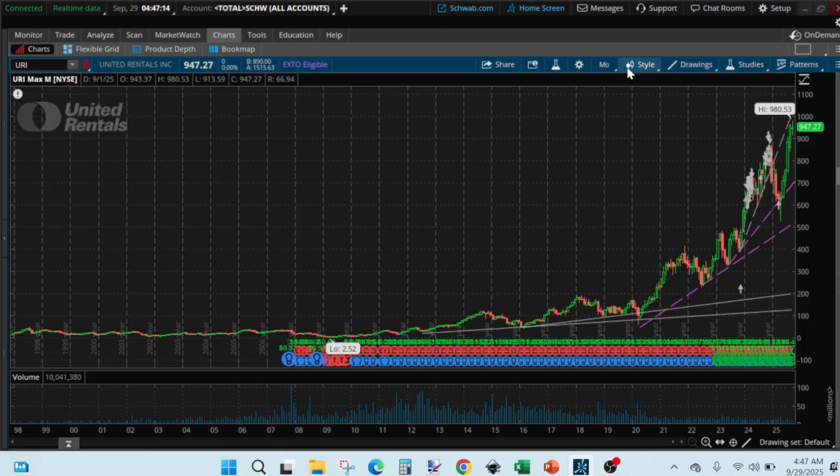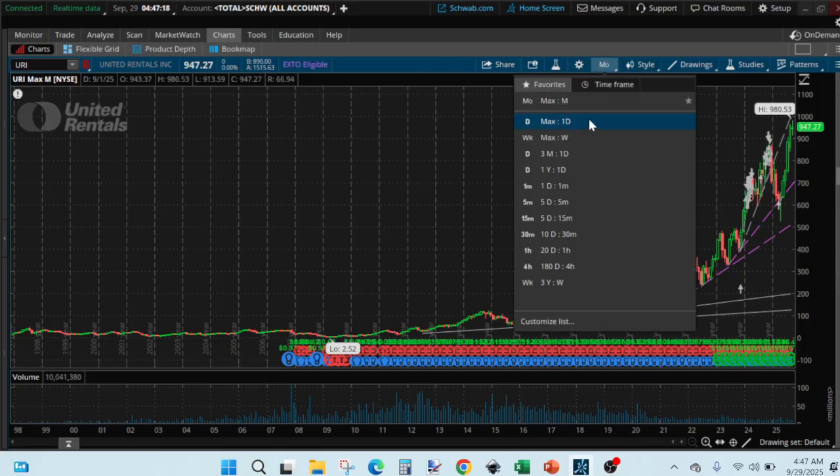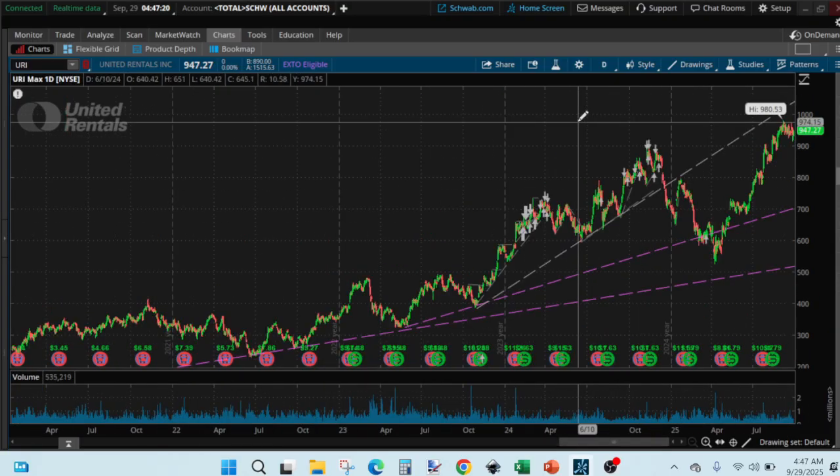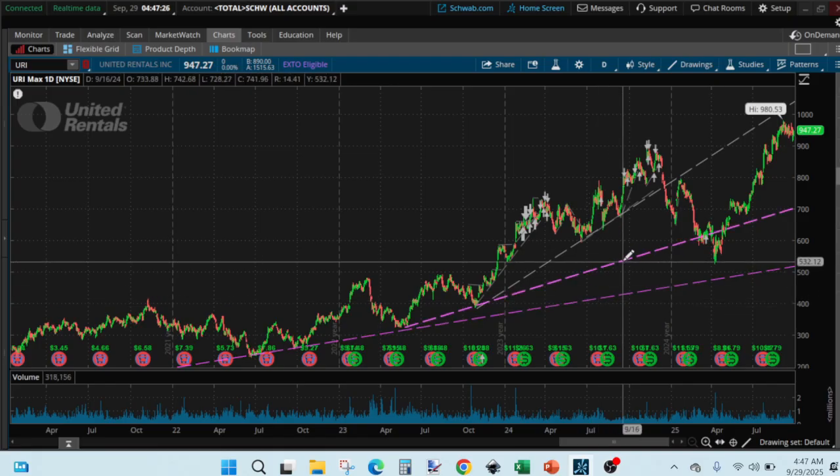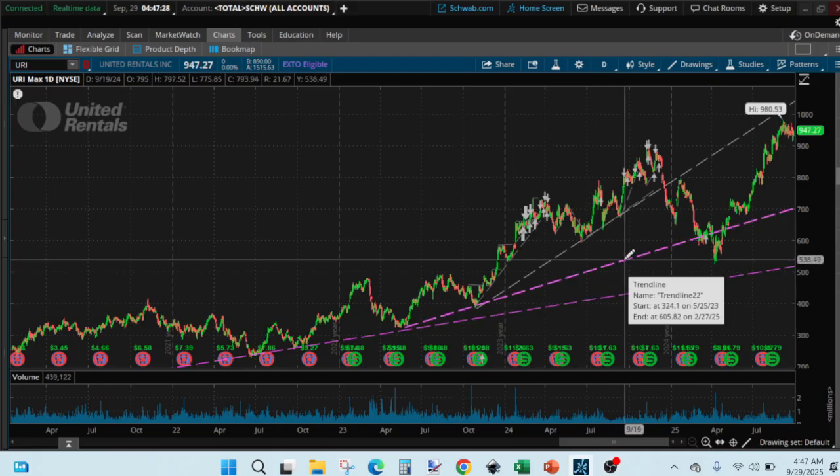So by tracing those value lines, then I will go to maximum daily chart. I use maximum daily chart for my daily chart analysis and to trade, to buy stocks and to sell stocks.